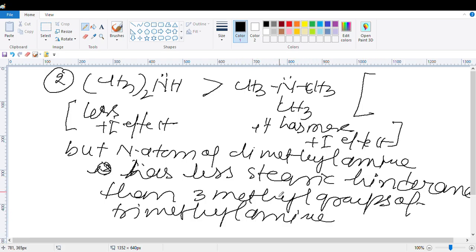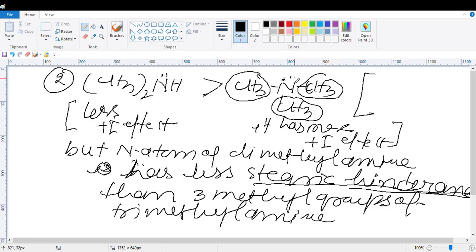What does it mean by steric hindrance? Steric hindrance is the property to hide either any bond or the lone pair of electron to cause donation. So these 3 methyl groups will hide this nitrogen atom or lone pair of nitrogen atom. So its donating property will become less. That is why it is less basic.